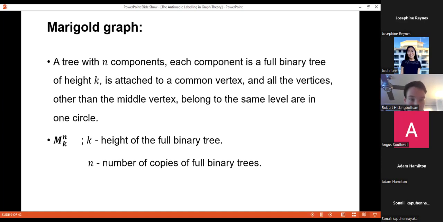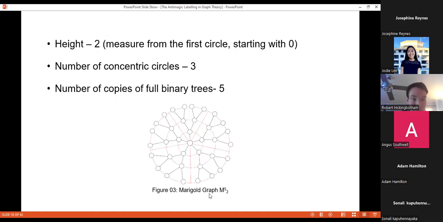So here is an example of a marigold graph. This graph is generated using 5 copies of full binary trees, and each full binary tree has height 2. That is, there are 3 concentric circles. So we define this graph as M52.